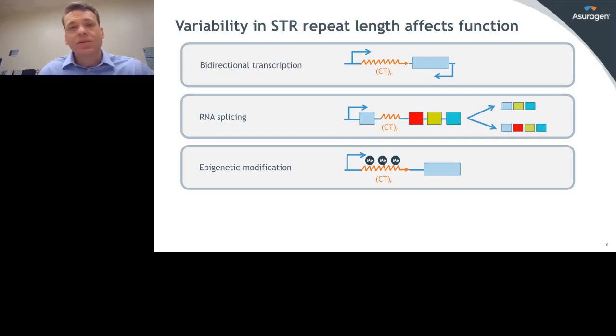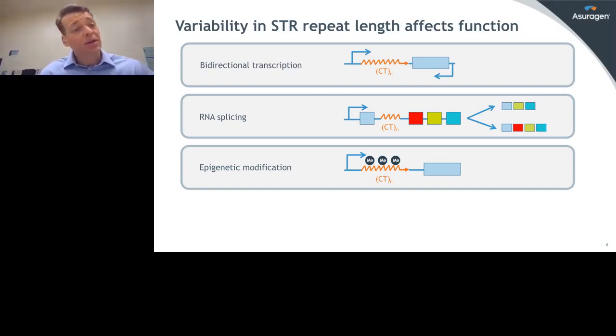And in addition, we also know that as repeats get tangled within the transcription bubble, they can also bind to the DNA within that bubble and create R loops that themselves can have an impact on epigenetic modification. And so in general, what we've seen in more and more cases is that increases or decreases in the number of repeats can affect gene expression by increasing or decreasing transcription.